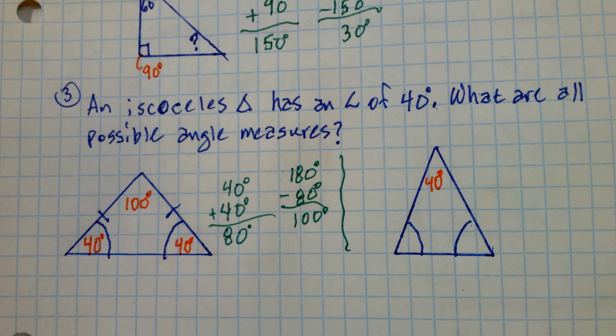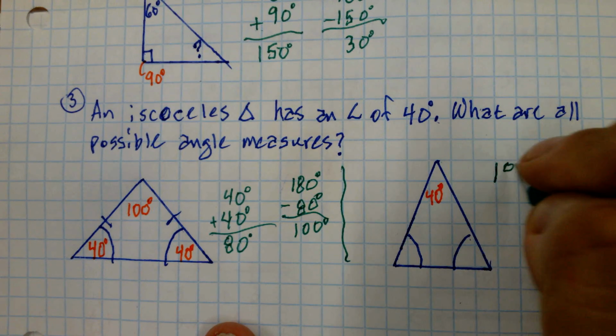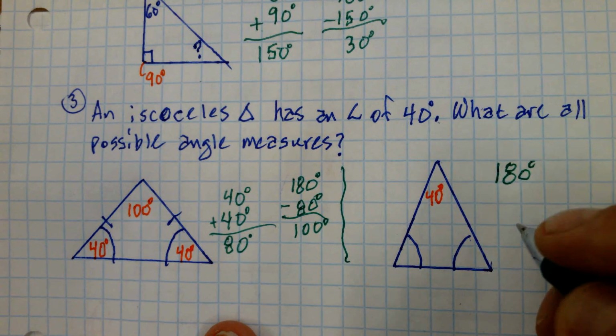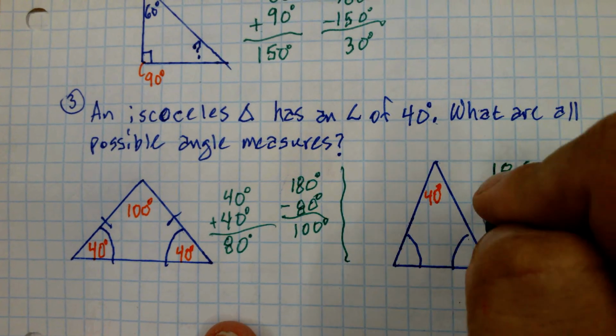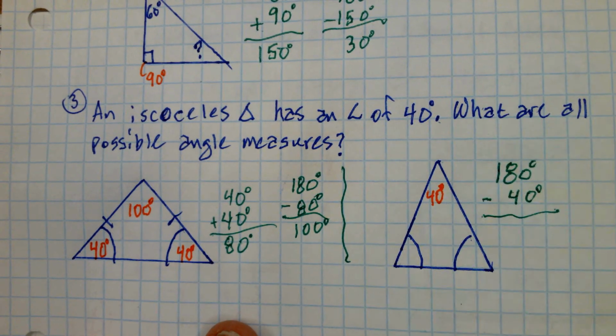All right, here we go. So we know only one angle is 40, but we know these two are equal. How could we possibly find the measurements for these? Maybe subtract 40 from 180. Okay. So let's do 180 degrees minus 40, because that's all we have.